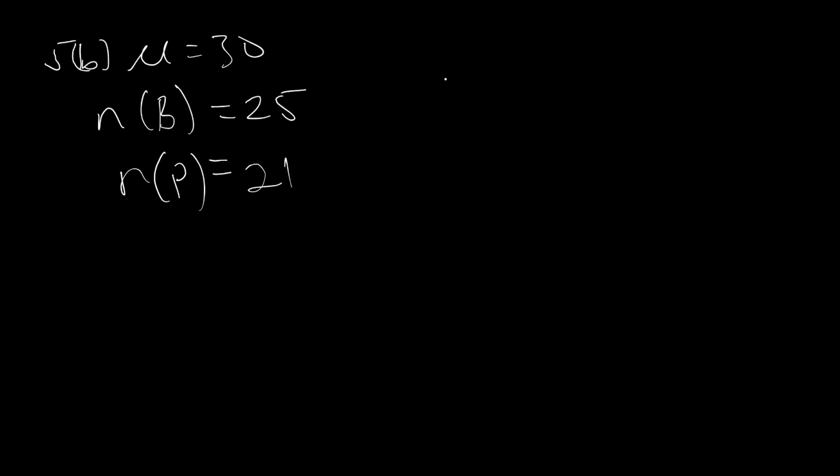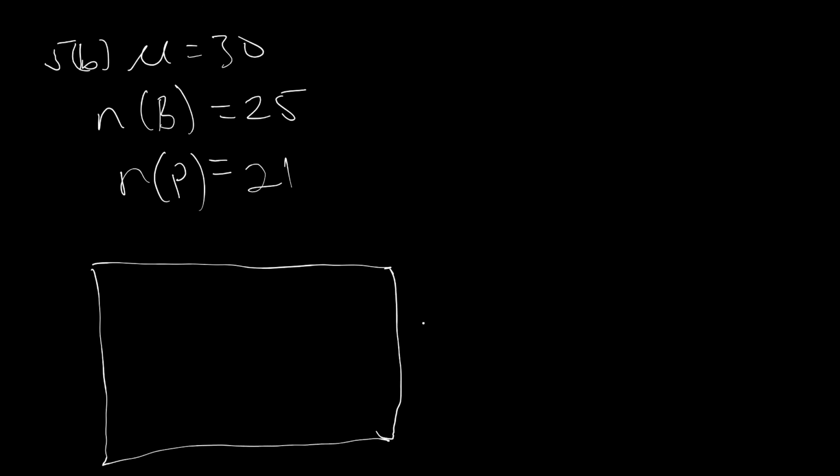So when we illustrate this on a Venn diagram, we have this. Our universal set is 30, our N of B is 25, and our N of P is 21.